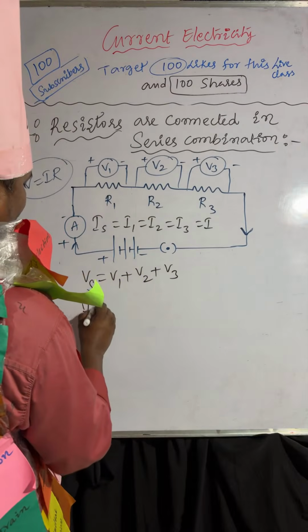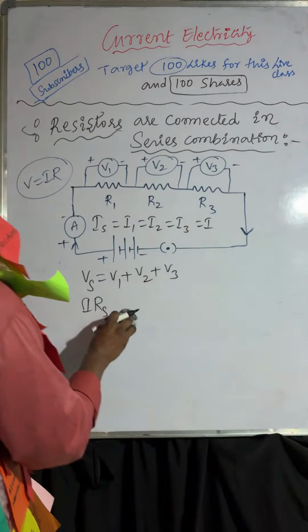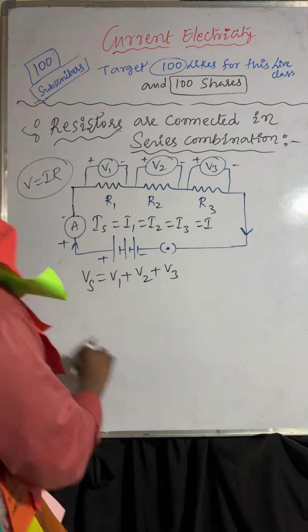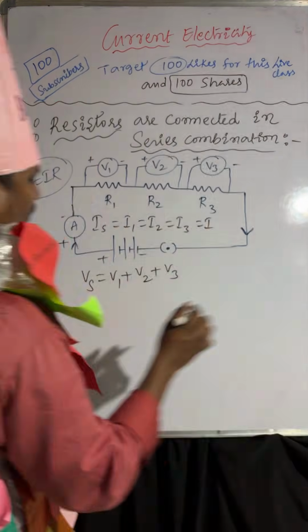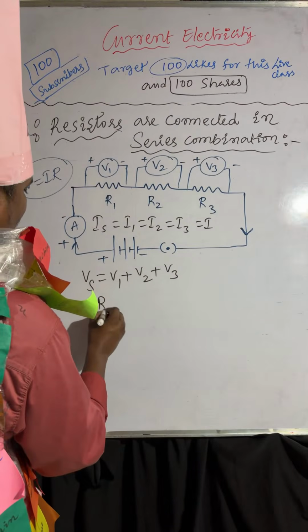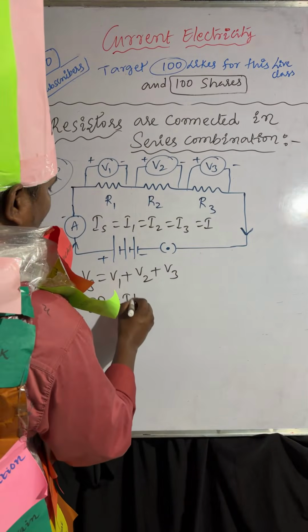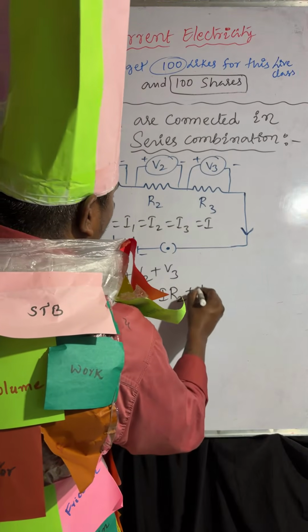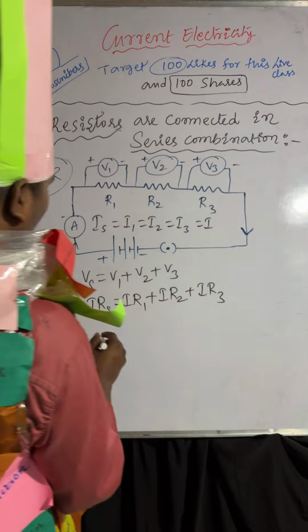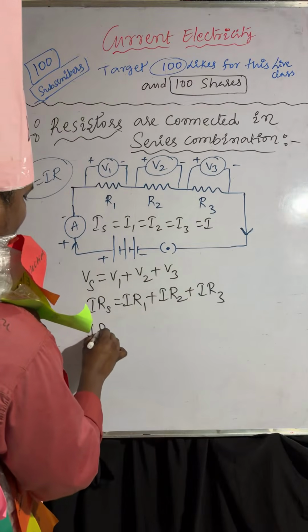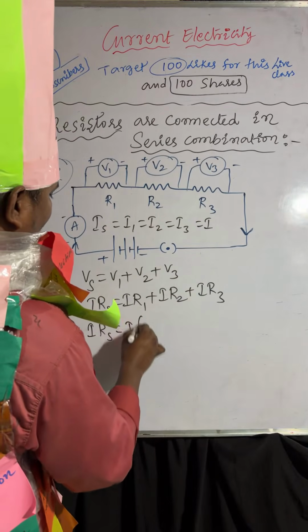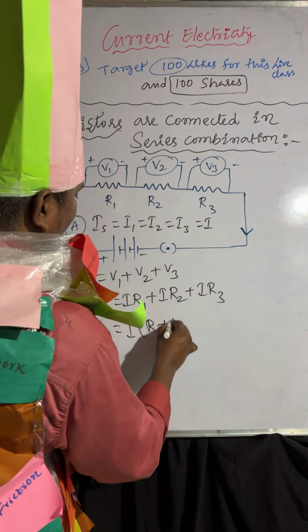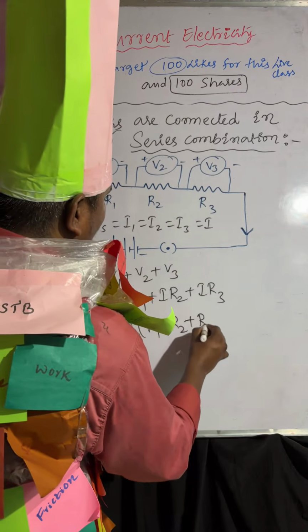Then we can take I Rs equal to I R1 plus I R2 plus I R3. I am taking common I, so I Rs equal to I times (R1 plus R2 plus R3).